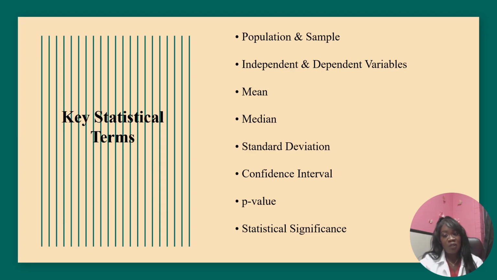Standard deviation describes how spread out the data is. Confidence intervals estimate a range in which the true value may fall. The p-value helps determine whether an observed difference is statistically significant rather than due to chance.